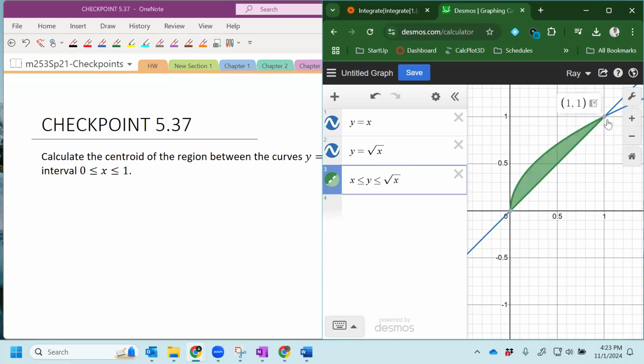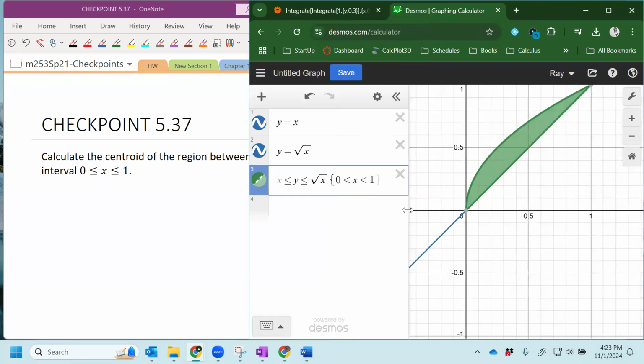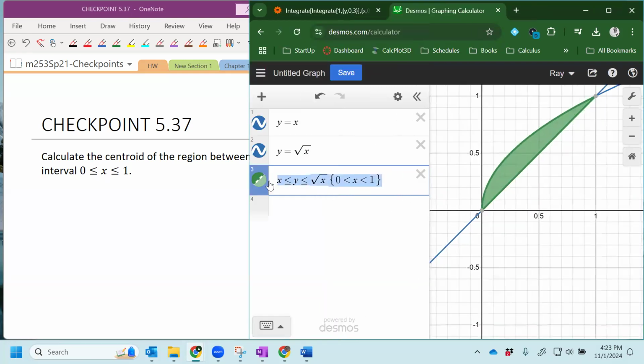And just to confirm, we should integrate for x limits between 0 and 1. If we go anything less than 1, we're not going to cover the whole thing, right? That's why we want these constant limits, to cover the area that we want. So this is our set of inequalities, kind of given here.